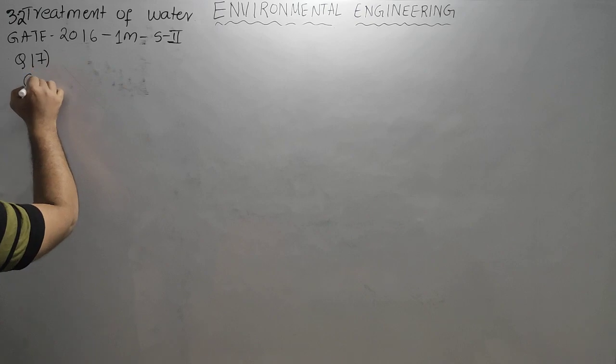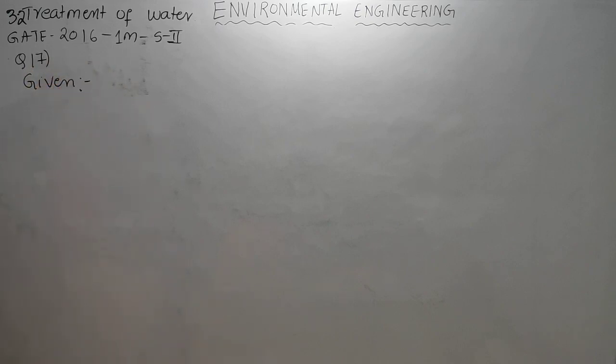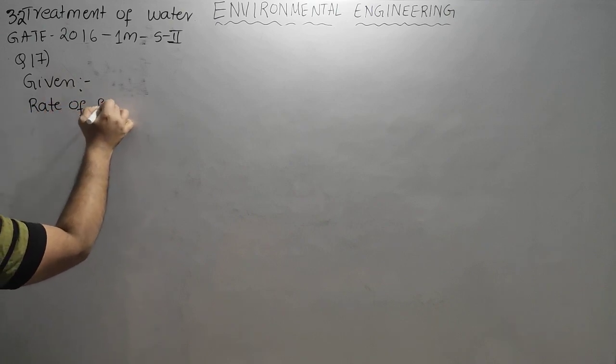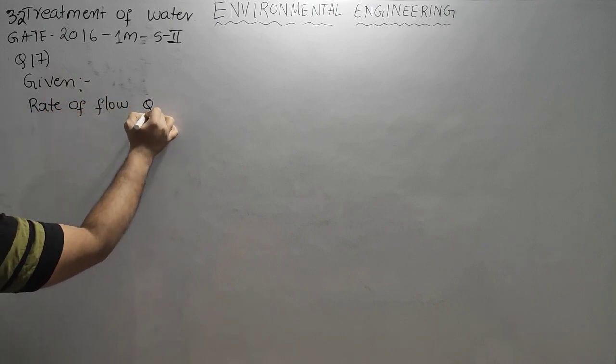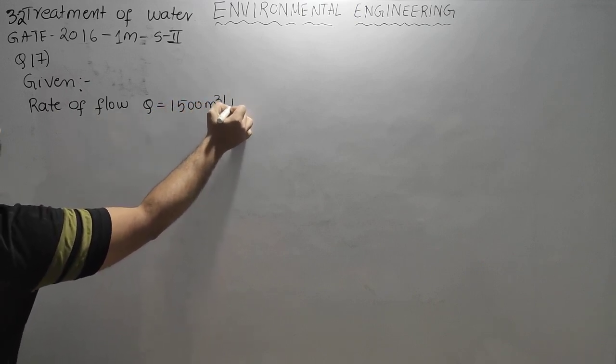What is the given data? Given that a water supply board is treating water, so rate of flow is given. Rate of flow Q is equal to 1500 meter cube per day.